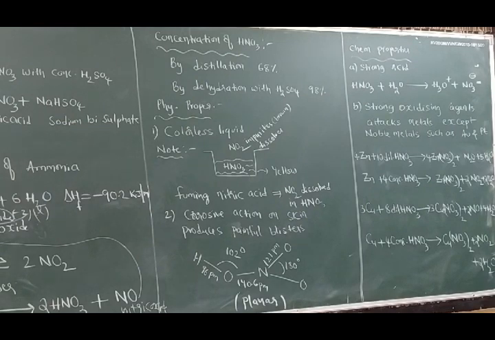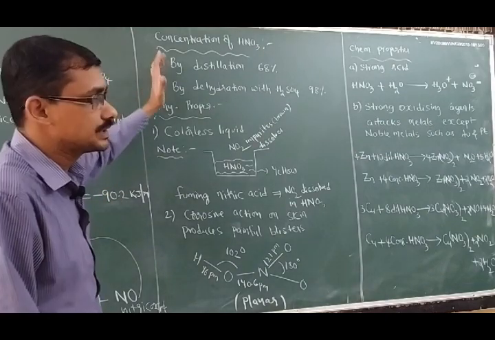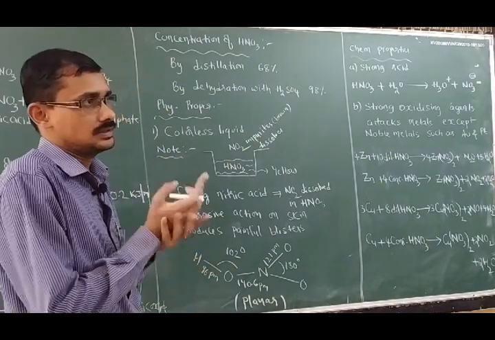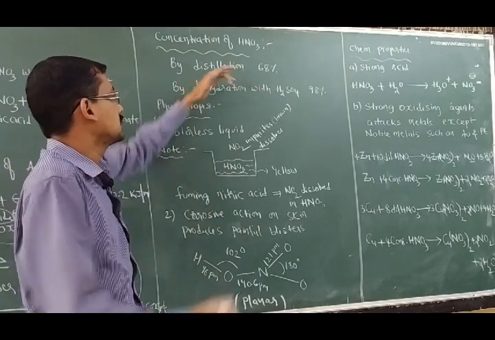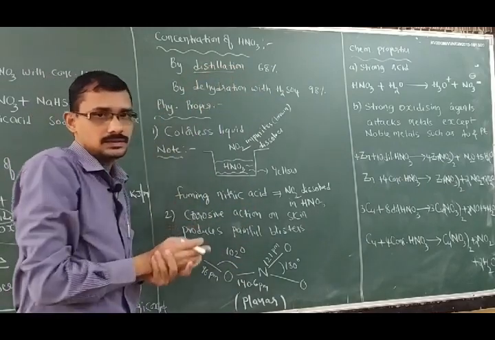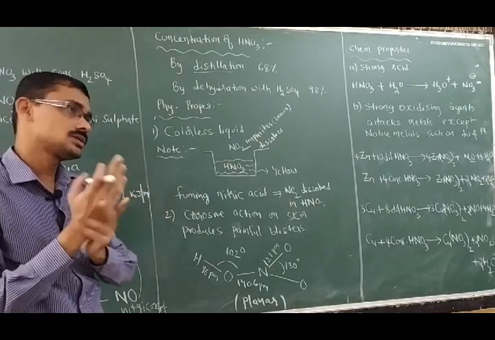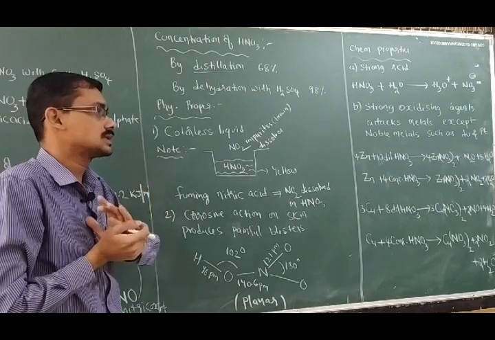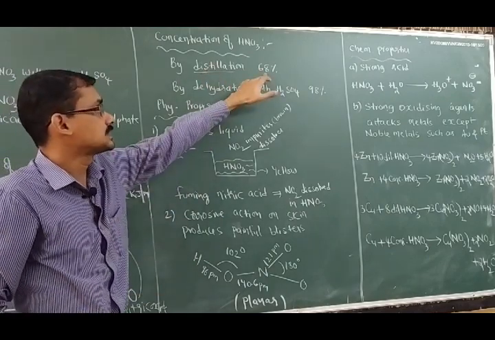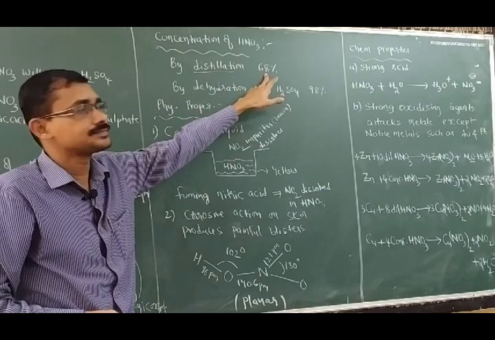Next, in continuation to that one, we will see how to concentrate HNO3, because the formed one is dilute HNO3, so we need to concentrate that one. Initially we use the distillation method. So both water and nitric acid undergo distillation. Once we do distillation, the concentration will become 68%.